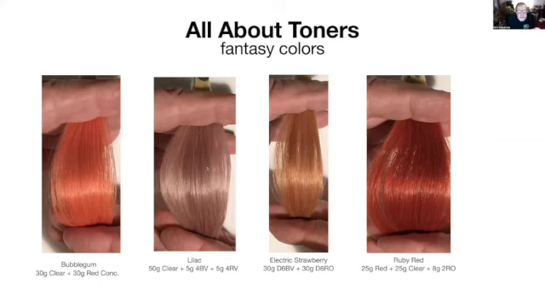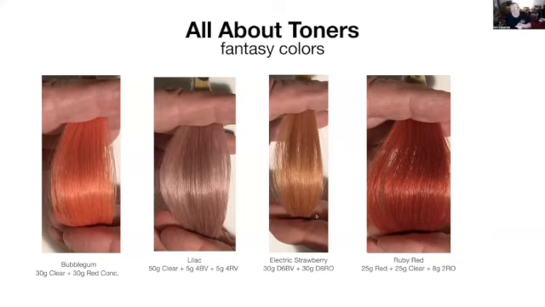Lilacs are in fact very light violet colors, but you want a BV because you want it to have more of a lilac look. Here I've made an electric strawberry color by mixing equal parts of deposit only 6 blue violet and deposit only 6 red orange.